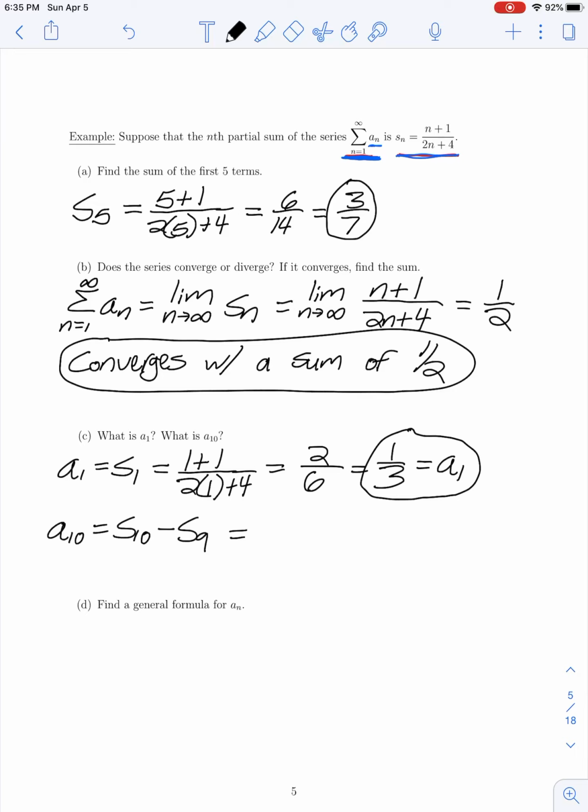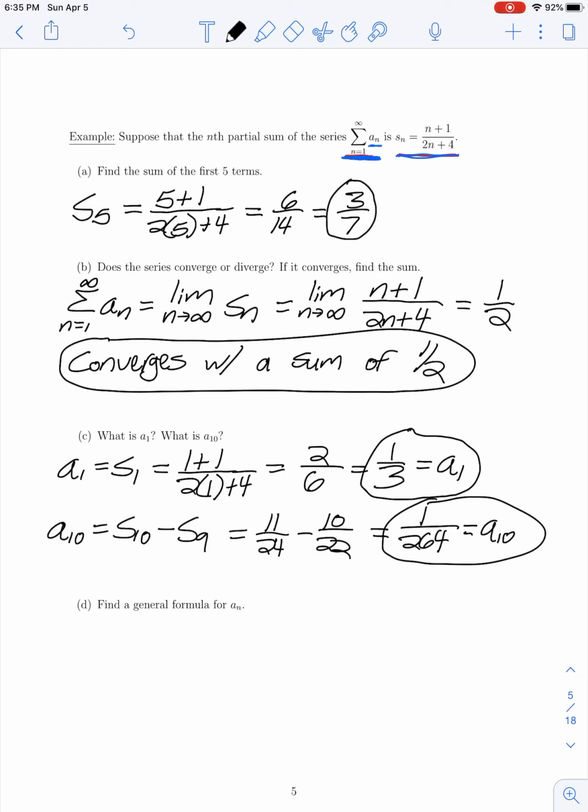So here, S10, if we plug in 10 for n, we have 11 over 24, minus S9, if we plug in 9 in our formula for S sub n, we have 10 over 22, and this reduces to 1 over 264 for the 10th term in our series.